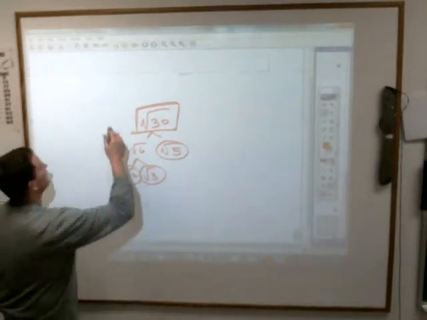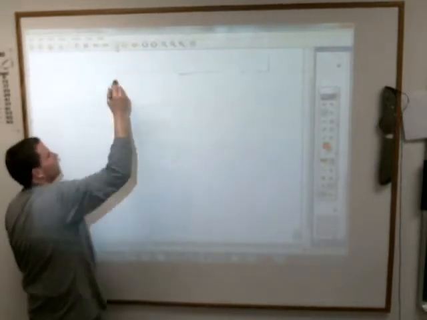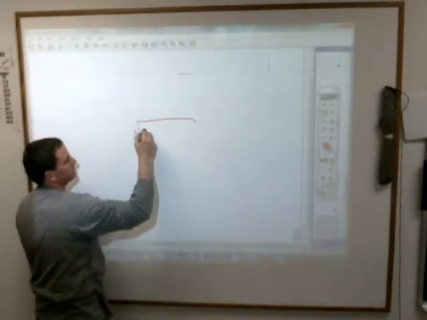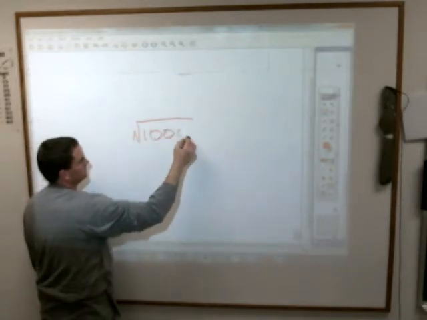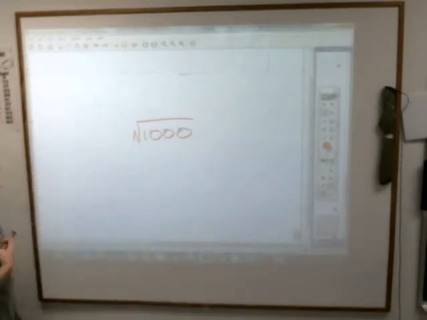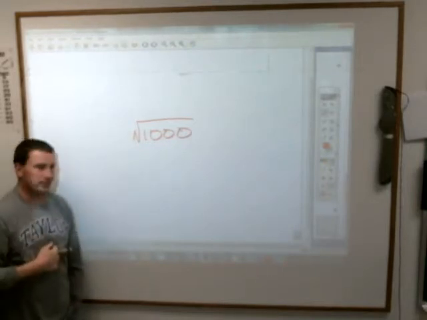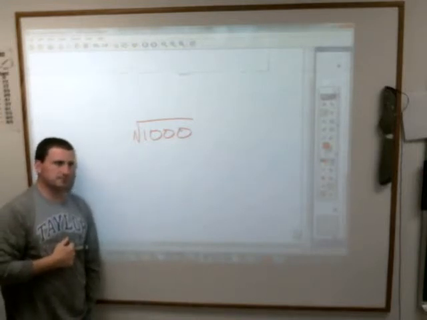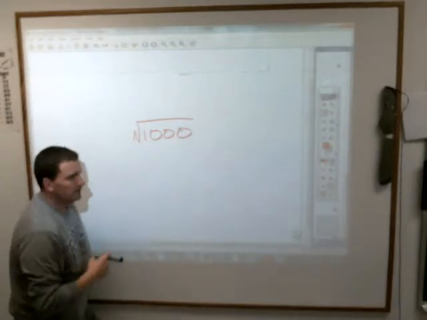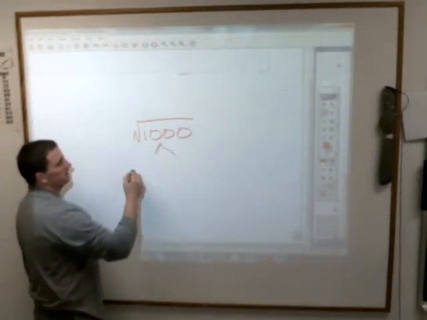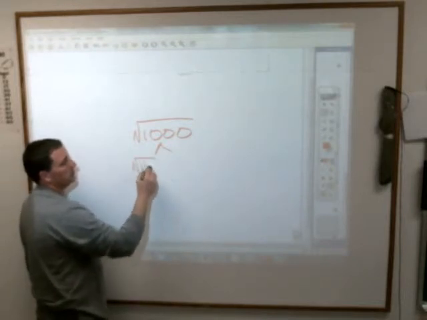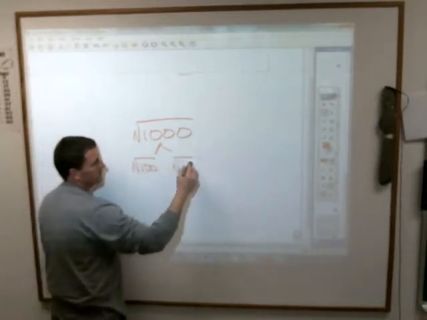One last one. Square root of 1,000. Now, for those of you that maybe are catching on to this, I'm going to do this one way now, maybe do it the other way. Does anybody know what times what gives me 1,000? 100. Times what? 100. Okay. Here's something to think about. The square root of 100 times the square root of 10.